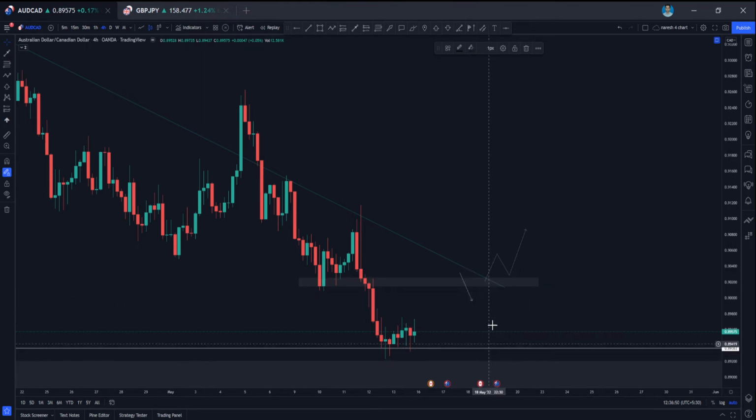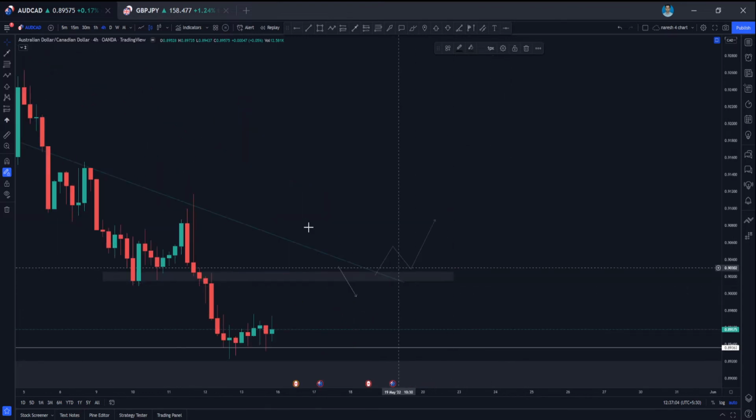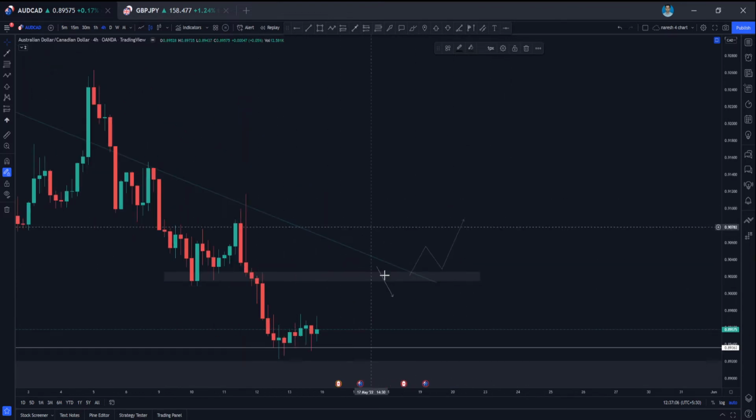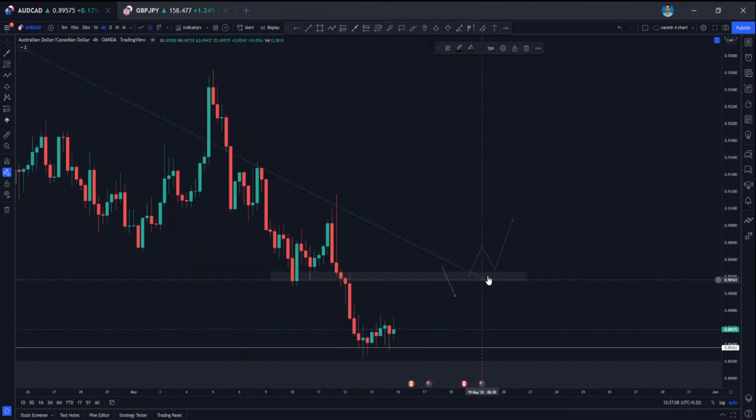for short entries. If it is directly breaking this important resistance area, and closing a candle above it, I'll be waiting for the pullback. Use 1 hour trend line or 30 minutes trend line, and I'll be looking for long entries from there.